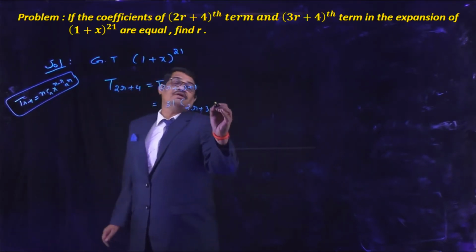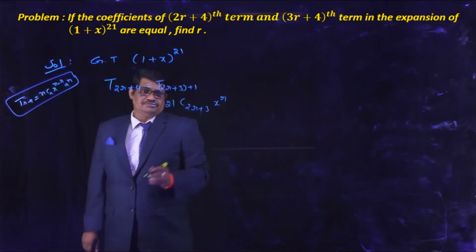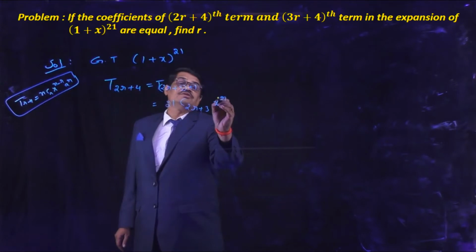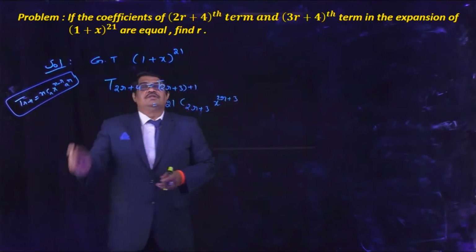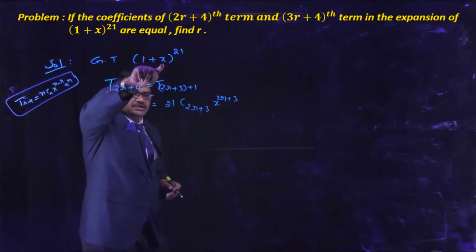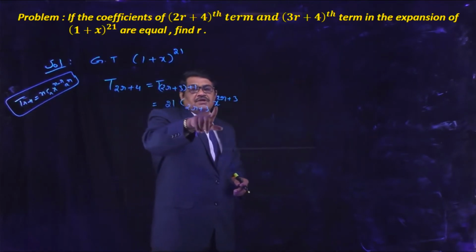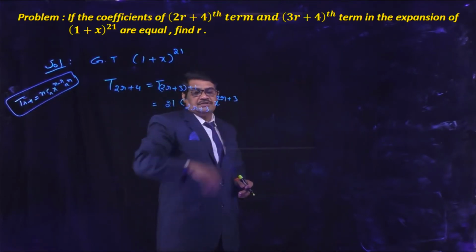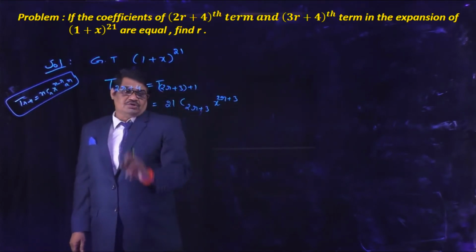What is here, x to the power of r? So what is r here? That is 2r+3. That is the T(r+1) term, nCr, that is 21C(2r+3) x^(2r+3). That is the (2r+4)th term.